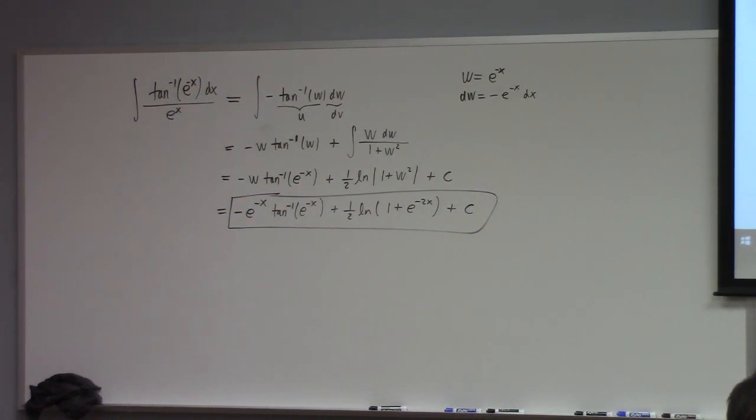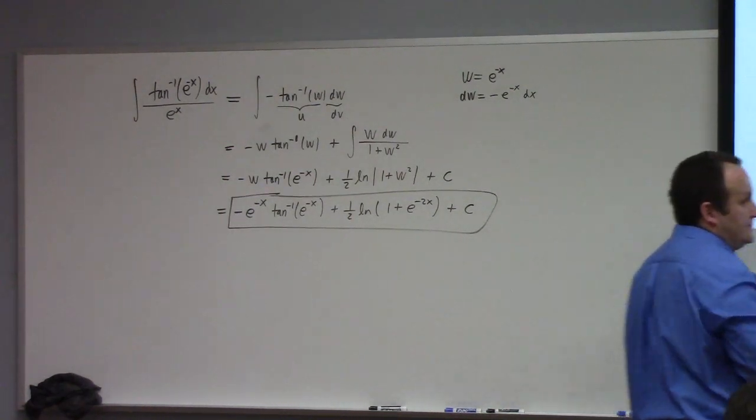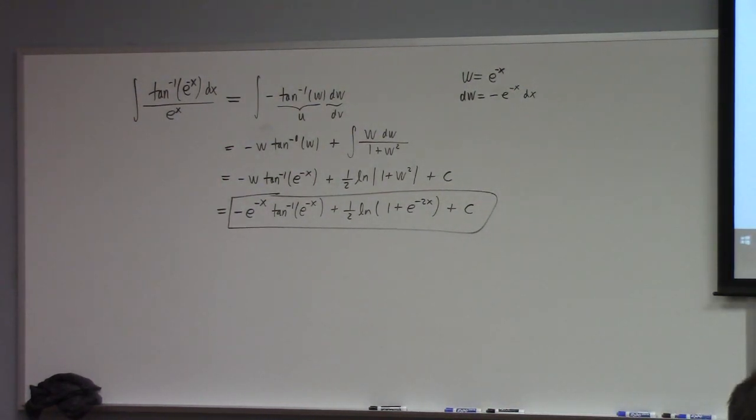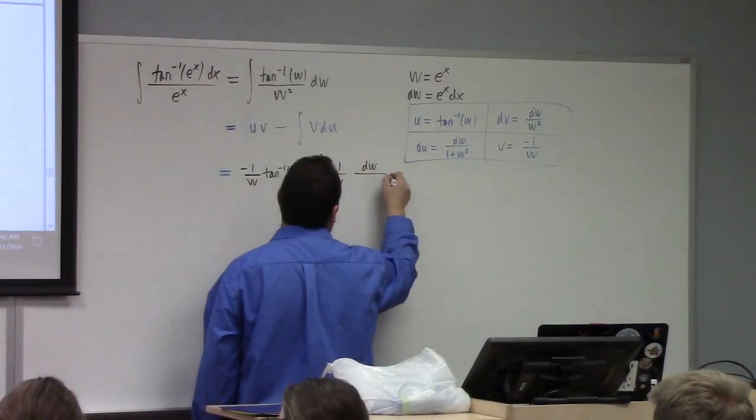So we got uv minus integral of v du, right? In this context, that is minus 1 over w, inverse tangent of w, minus the integral of minus 1 over w times dw over 1 plus w squared.